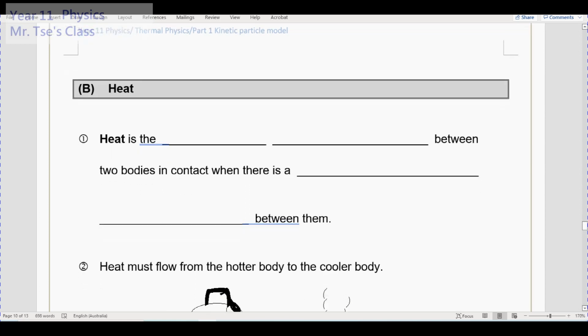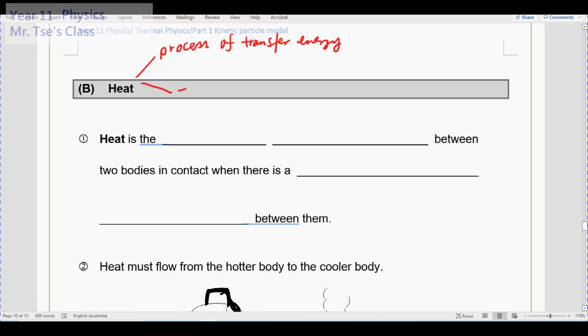Okay, so another idea in the syllabus is about heat. Heat has two different meanings. In classical physics, it's a process of transfer of energy.